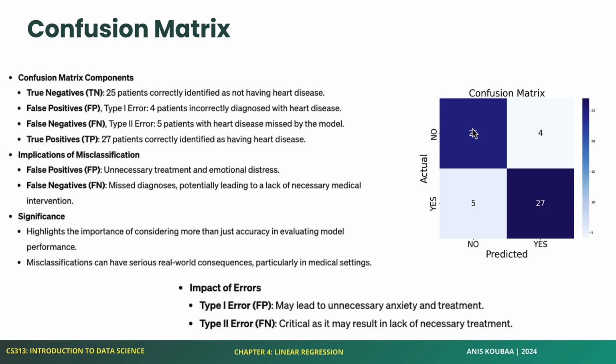The first cell specifies the true negatives, then the false positives, then the false negatives, and true positives. So what we understand here: we have 25 cases correctly classified as no, 27 cases correctly classified as having a heart disease, and these are the misclassifications.